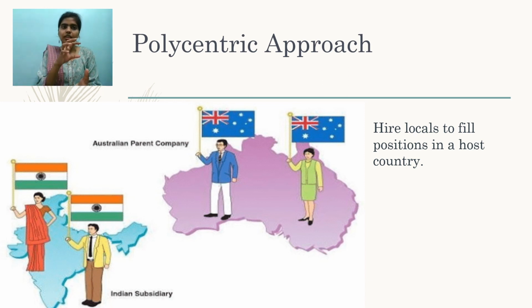So, when managerial and executive positions are occupied by the locals themselves, they'll be able to communicate and interact better, so the organization can run in a better way. In this example, there's an Australian parent company, and they have a subsidiary unit in India, and they're hiring Indians in their vacant positions, so that they can run the whole operation there. So that's the polycentric approach.